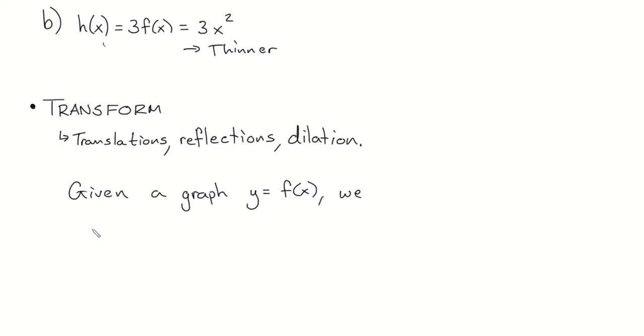We get transforms by changing, and I'm going to leave a little blank space and put a star here, because there's a really important, scary looking function that just looks scary. It won't be bad. Given some graph, we get transforms or transformations by changing stuff.